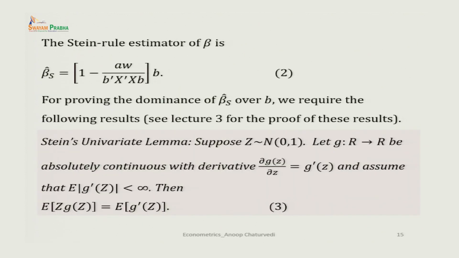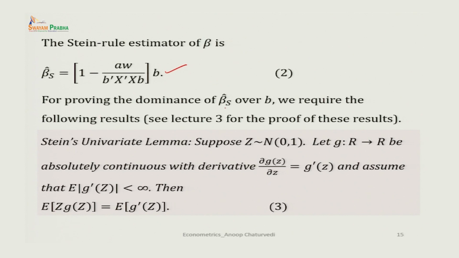Then just like the Stein rule estimator for the mean vector of a multivariate normal distribution, the Stein rule estimator here of beta is defined as beta hat S equal to 1 minus a W upon b transpose x transpose x b into b. So, this is the class of Stein rule estimators.